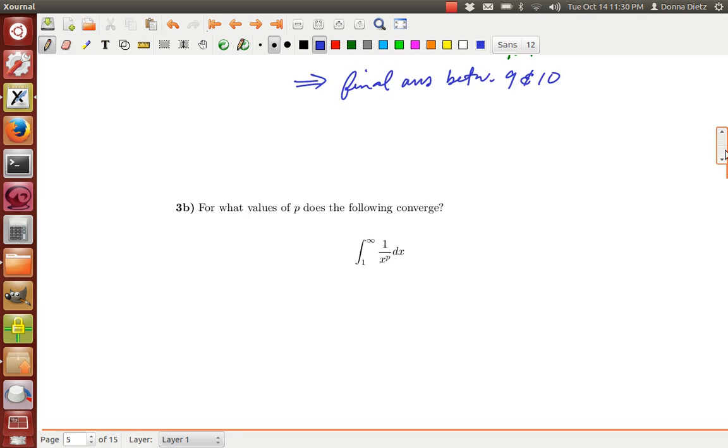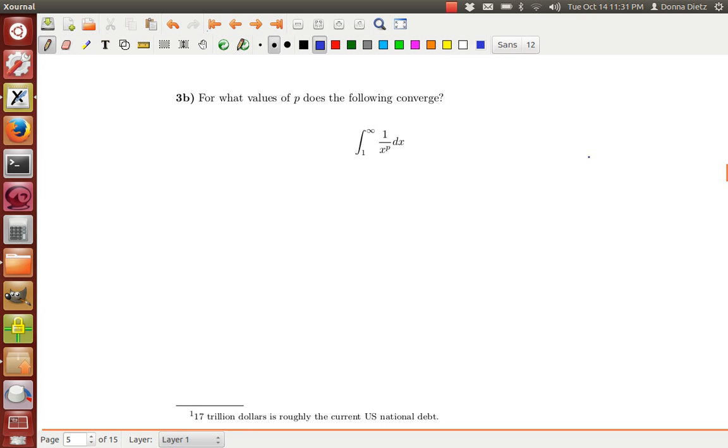Okay, moving right along. So for what values does P converge? Well, this was just a recollection of 1 over x, so P equal to 1 would diverge, and we know that because it's like the harmonic series.